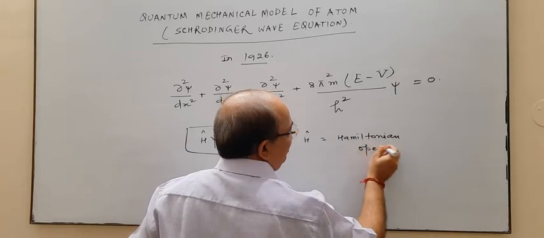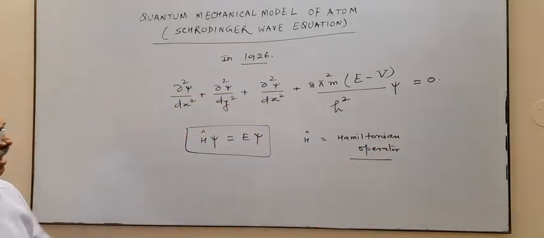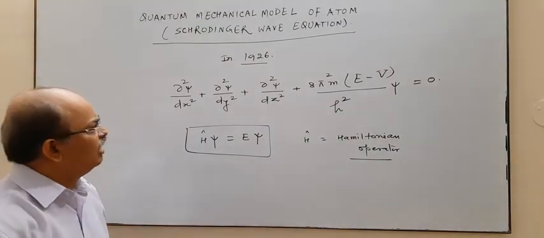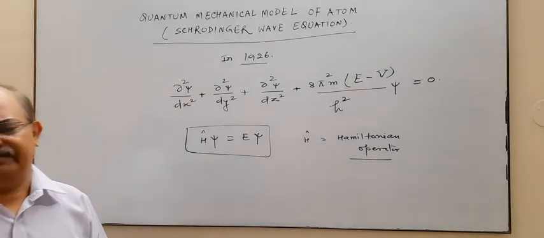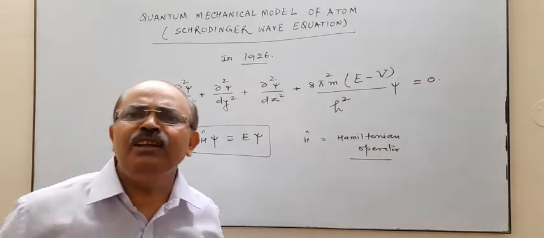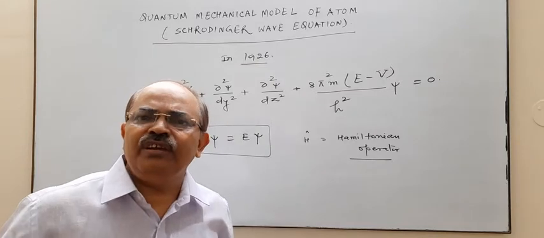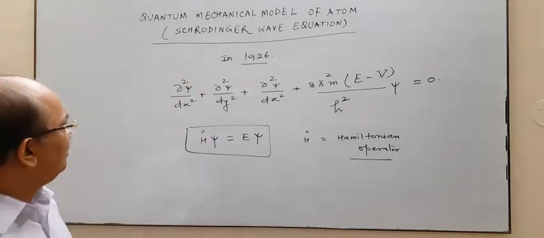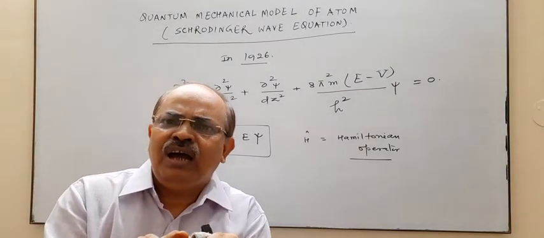It is a mathematical operator known as the Hamiltonian operator. If we consider this Schrodinger equation, it is highly informative about an atom containing one electron like hydrogen.